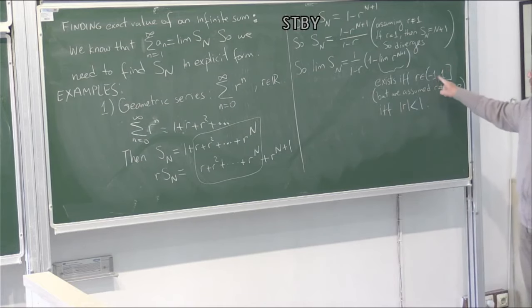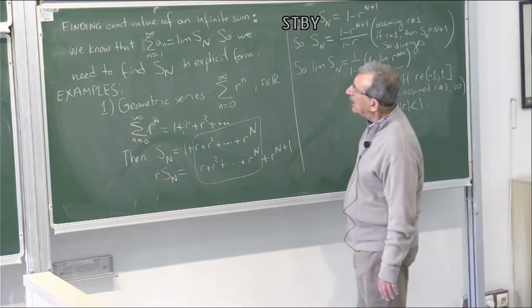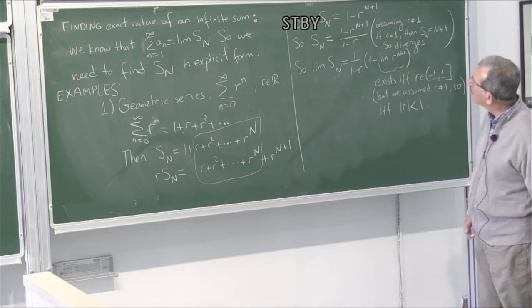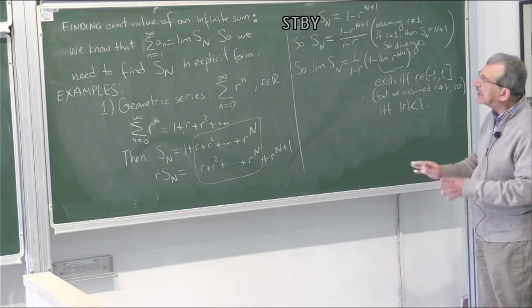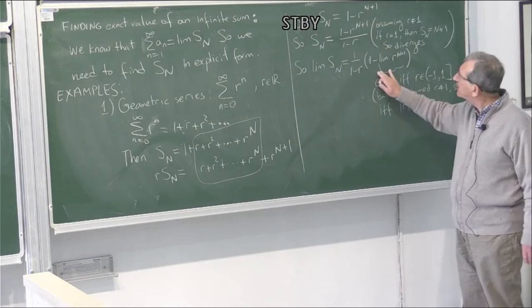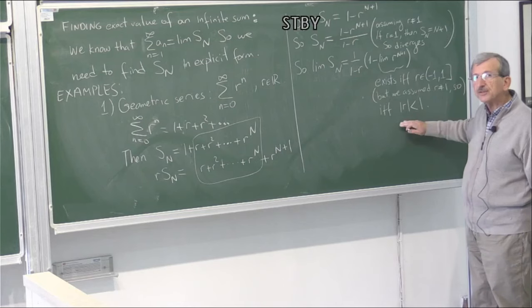That is, r is between minus 1 and plus 1. Okay. So this is an example where we can determine what Sn is exactly, so that after that we can take the limit and have our analysis done.